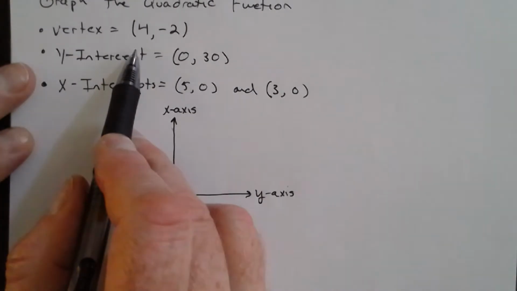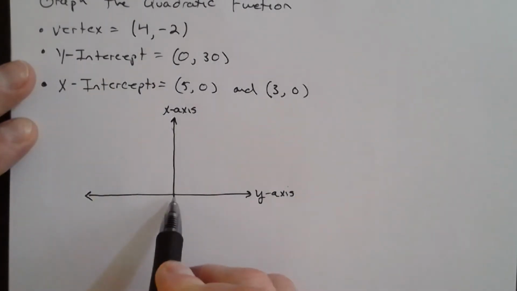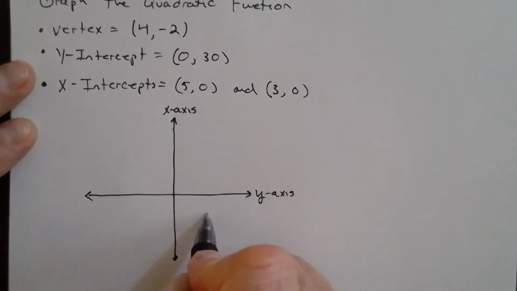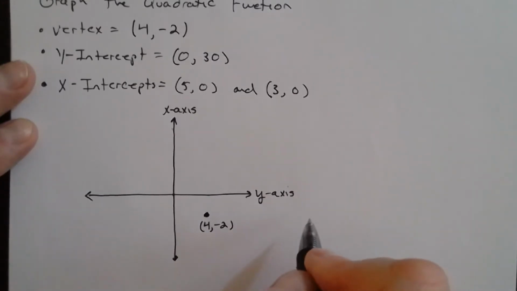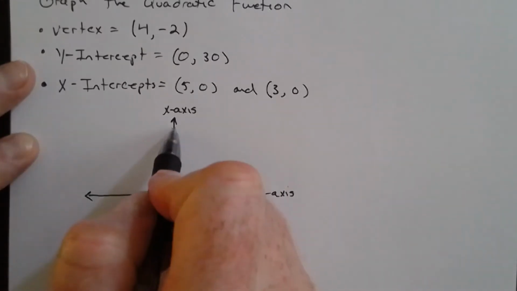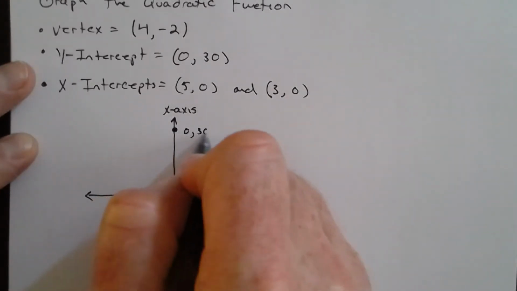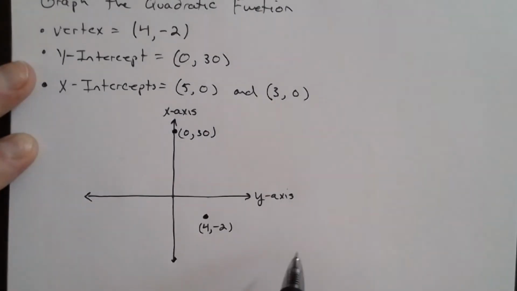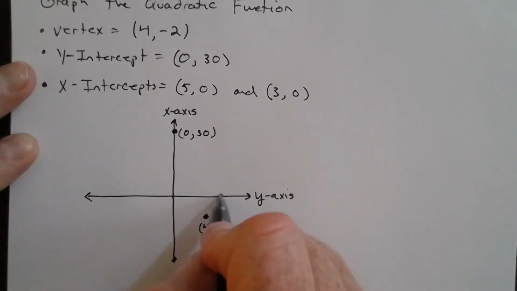And now we just start plotting these 4 points. And so 4 and negative 2. 0 and 30. We'll just put it up here. It's not to scale. 5 and 0. Well, if that's 4, we know 5 is just to the right of this.